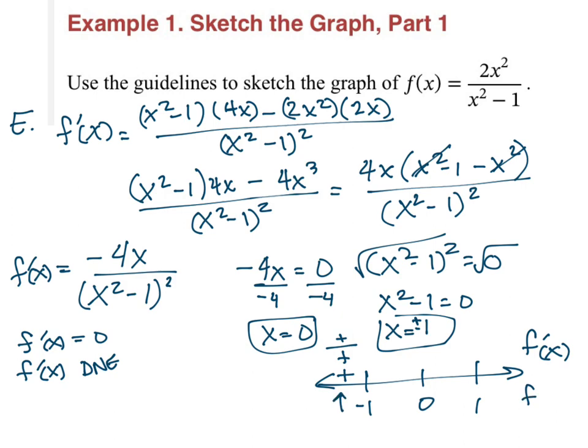Increasing. Okay, pick a number between -1 and 0. Negative whatever, right? On top, it's going to come out positive. On bottom, it's going to always be positive. So positive over positive tells me f is still increasing. Pick a number between 0 and 1. On top, it's going to be negative.